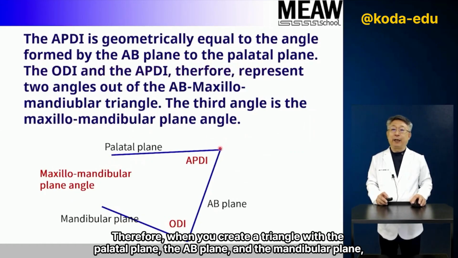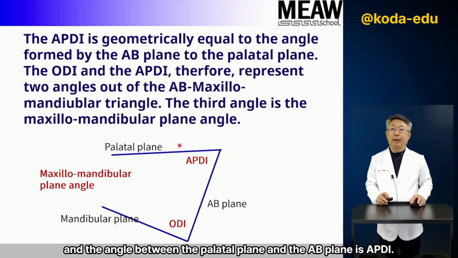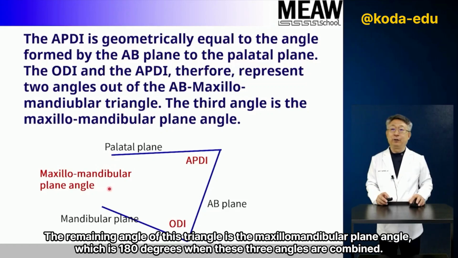Therefore, when you create a triangle with the palatal plane, the AB plane, and the mandibular plane, the angle between the AB plane and the mandibular plane is ODI, and the angle between the palatal plane and the AB plane is APDI. The remaining angle of this triangle is the maxillomandibular plane angle, which is 180 degrees when these three angles are combined.